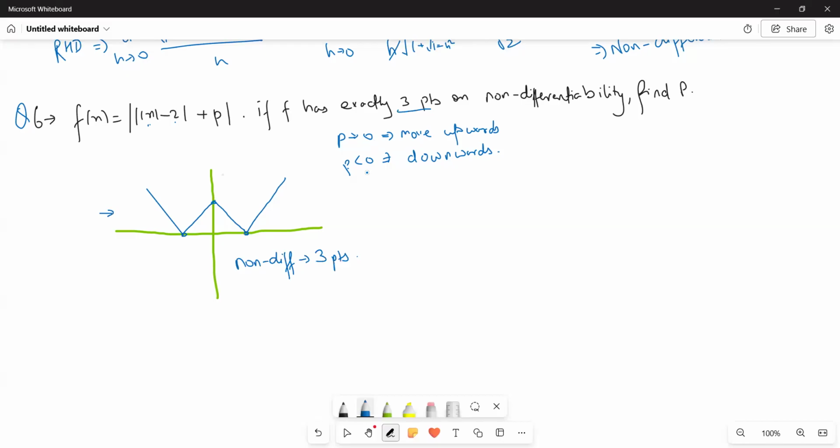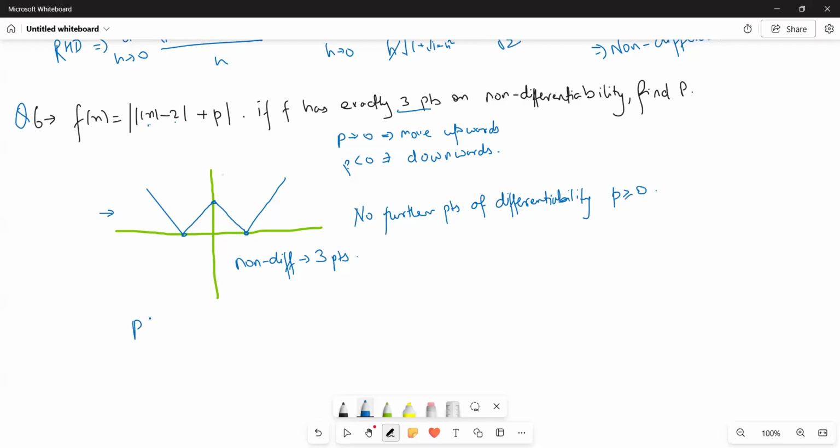What value of p will ensure that no further points of non-differentiability are introduced? p must be greater than or equal to 0.